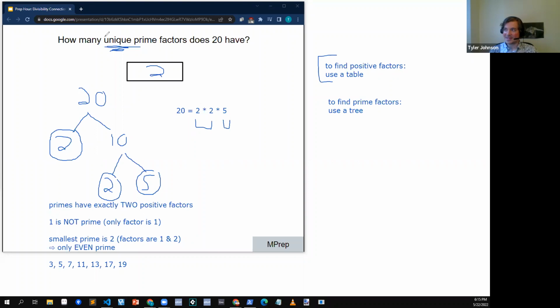If this problem instead got rid of that, if it was just asking how many prime factors does 20 have, then the answer is 3, because I think of both the 2's and the 5. 1, 2, 3. So a sneaky, subtle distinction you want to be aware of: unique prime factors versus total prime factors. Make sure you read those question stems carefully.